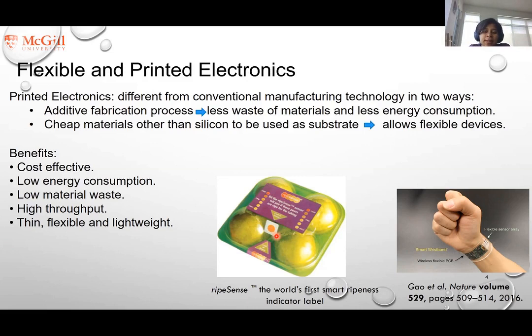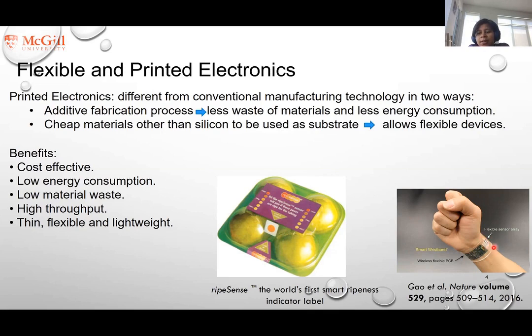So this is some example. This is a printed sensor that works as an indicator, and you can put those printed sensors in a food package. It's a ripe sensor, so it indicates when the fruit is ripe. And this is another sensor that has been developed by a group at Stanford, and they're making a sweat sensor.